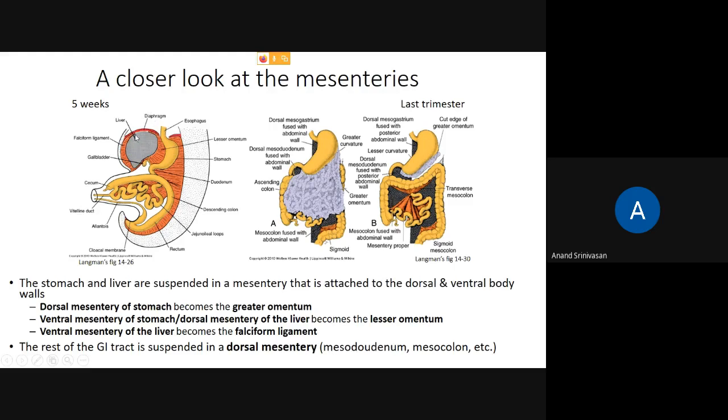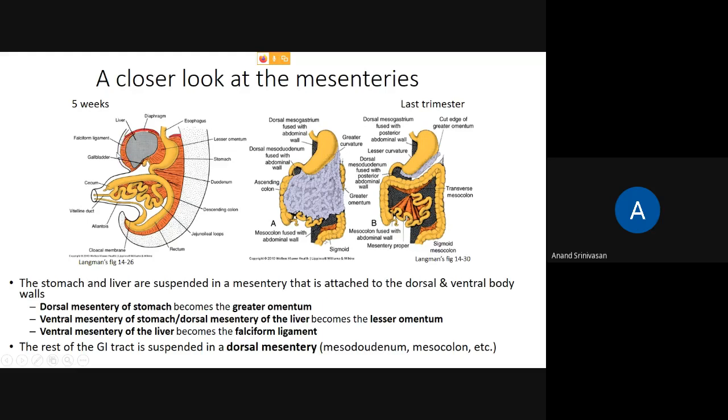Also, there will be a thickening which forms in the septum transversum, which leads on to the formation of the liver. Now the part between the stomach and the liver is called the lesser omentum. Now there will be some part of the ventral mesentery from the liver to the anterior abdominal wall.